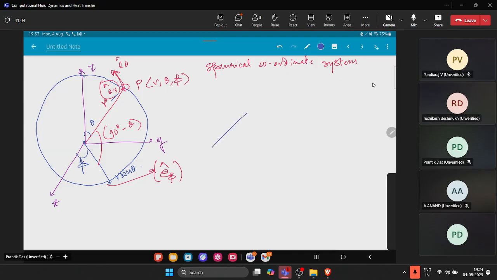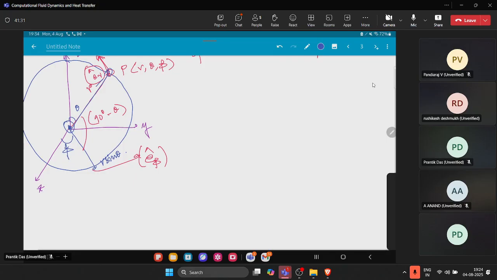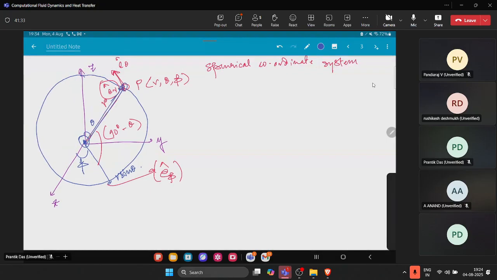So er is the unit vector along the radial direction. You have a radius on the sphere, which extends from the center to the outer surface of the sphere. This is not your conventional xyz vector. It has three unit vectors, which are er cap, e theta cap, and e phi cap. er cap is in the direction of the radius vector. e theta cap is in the direction in which the theta angle changes.